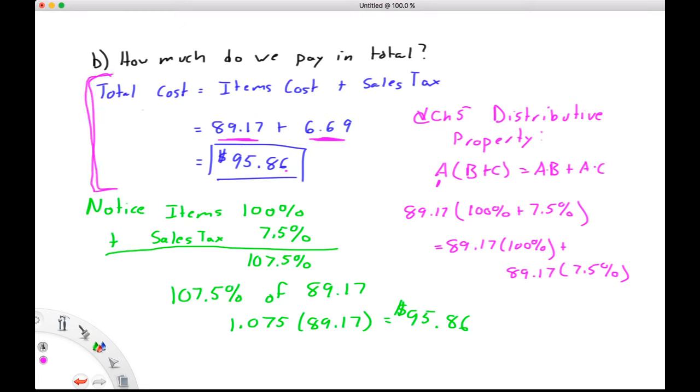Or we could realize that we can take advantage of the distributive property and say if we're paying 100% for the item cost and paying 7.5% on the sales tax, that means in total we're paying 107.5% of whatever the items cost, and just multiply those two numbers here and still get the same 95.86. We have more than one way at which we can arrive at the solution to this problem.